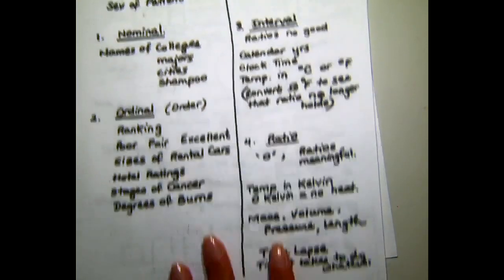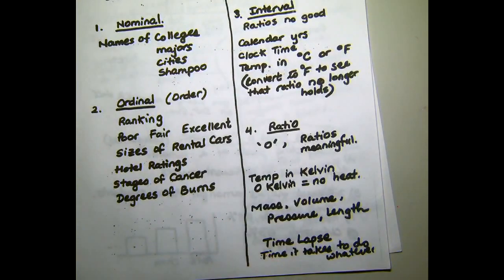Ratio scale, there has to be an inherent zero or start point, and ratios have to be meaningful. For example, temperature in Kelvin is ratio scale because 0 Kelvin does mean no heat, and ratios hold up in the Kelvin scale.